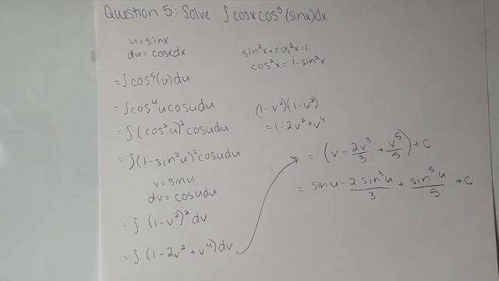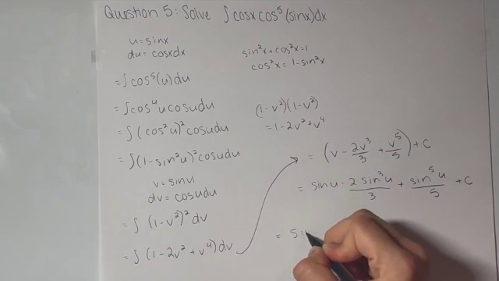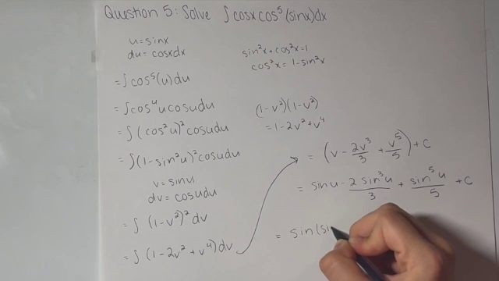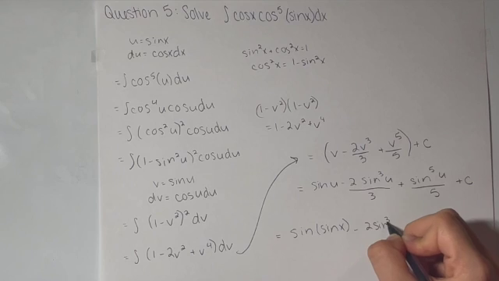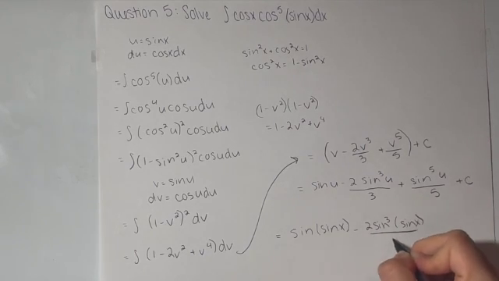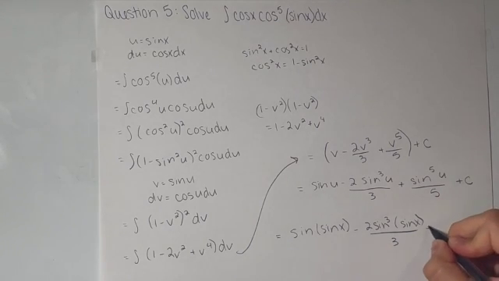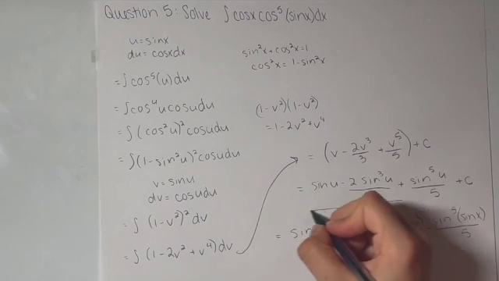For the last step, we have to plug in our x's, and we will get sine of sine x minus 2 sine cubed of sine x over 3 plus sine to the 5th of sine x over 5 plus our constant of integration, c. And this is our final answer.